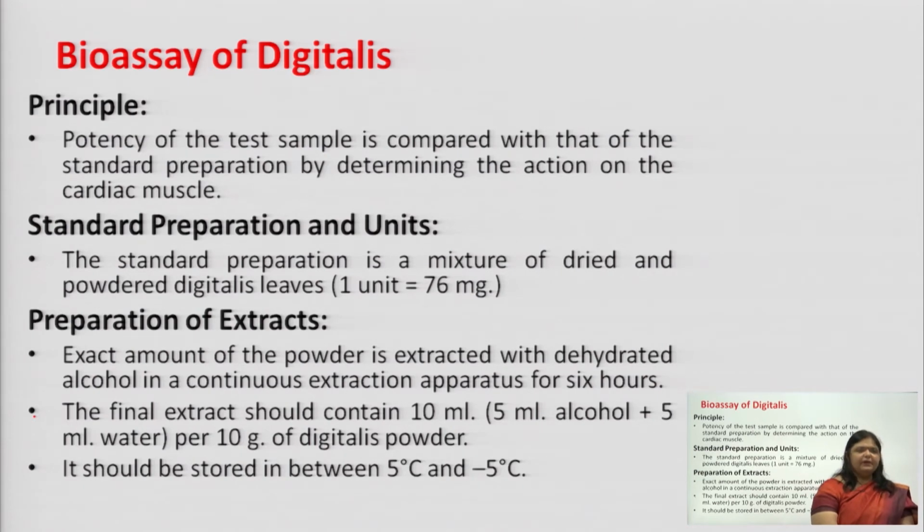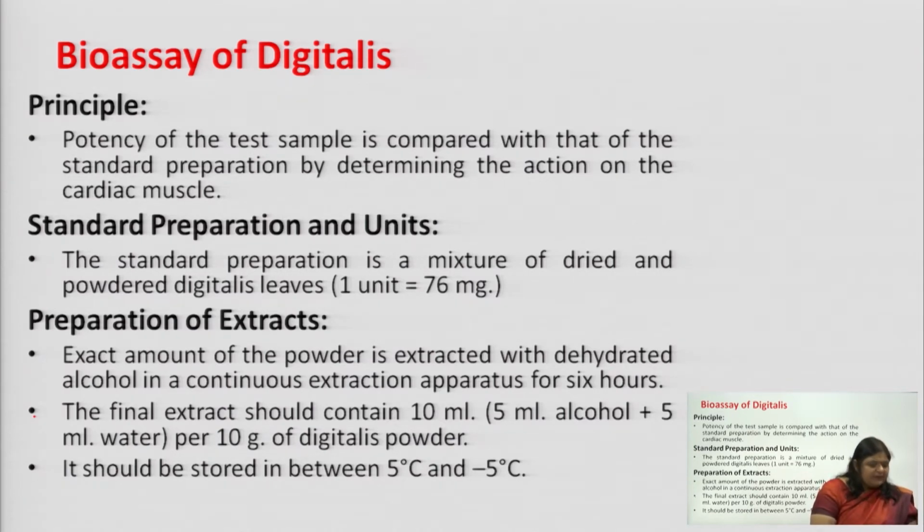Now, to carry out bioassay of digitalis, the principle remains the same, that we have to have a test sample and a standard preparation. Since it is a cardiac drug, we will determine the action on the cardiac muscles of both the standard sample of digitalis as well as the test sample of digitalis.